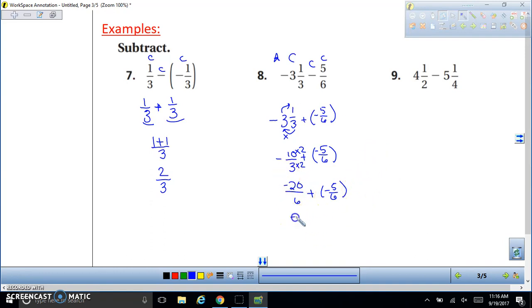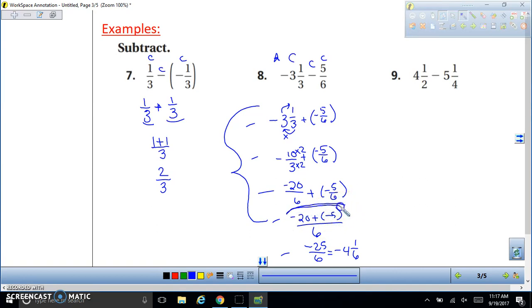So now this is going to say negative 20 plus negative 5 divided by 6. Okay, same sign. We're going to keep the sign and add them together. 25 over 6, which reduces down to, and this is a negative, keep the sign, negative 4 1/6. All right, we did it. Multi-steps, but all of this has been kept the same until I added two negatives, and right here where I changed my subtraction problem to addition. Okay, those are the new things that we've learned this year.